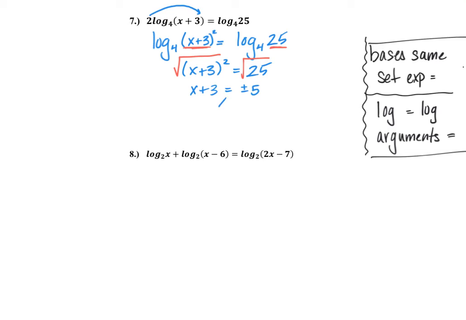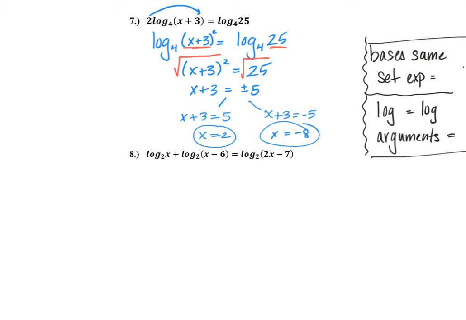Solving those two cases, I'm going to have x plus 3 equals a positive 5, and x plus 3 equals a negative 5. So that's going to give me x is equal to 2 as one solution, and x equals negative 8 as my other.